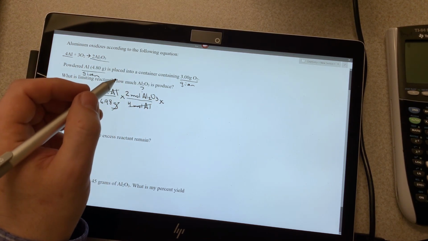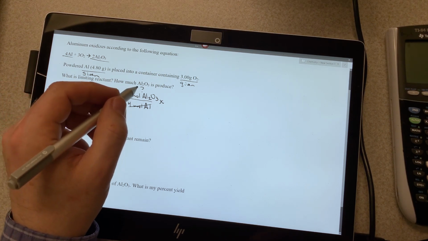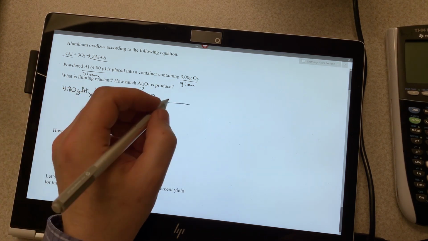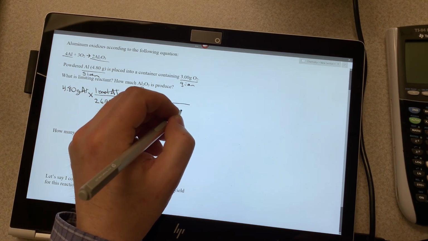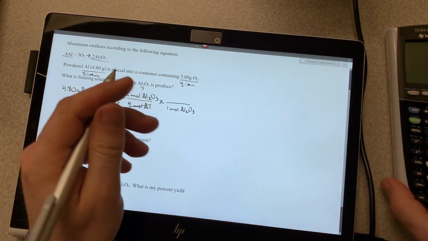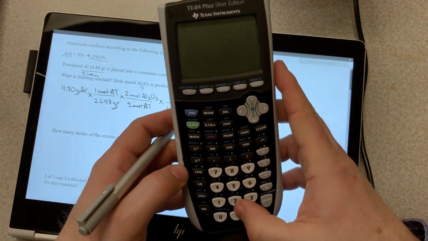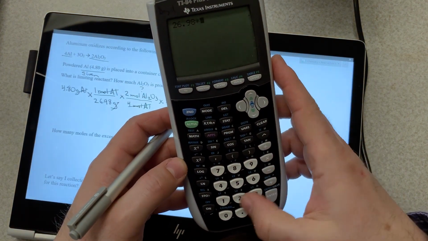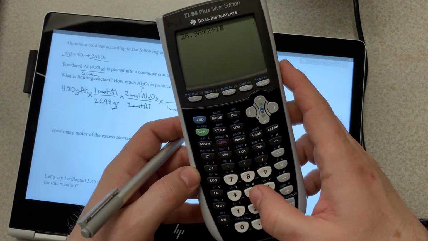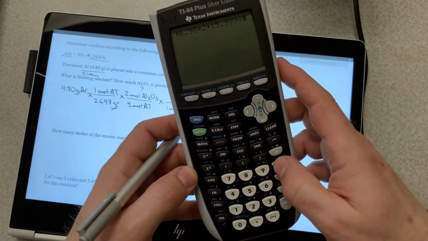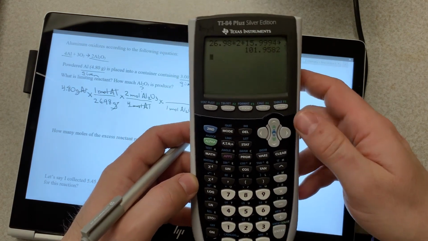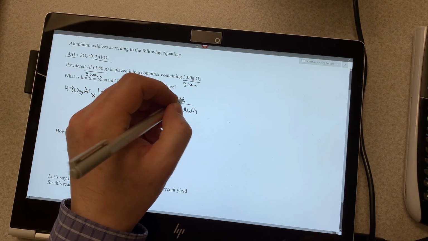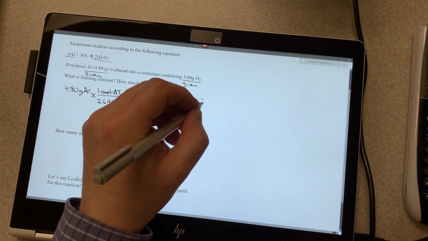I'm asked for the mass here, so I'm going to do that next. I need Al2O3. Right? I know I'm going to use 1 mole of Al2O3, but I need to get the mass there, so let's add that up. 26.98 times 2 plus 15.9994 times 3 gives me 101.96 grams of Al2O3.